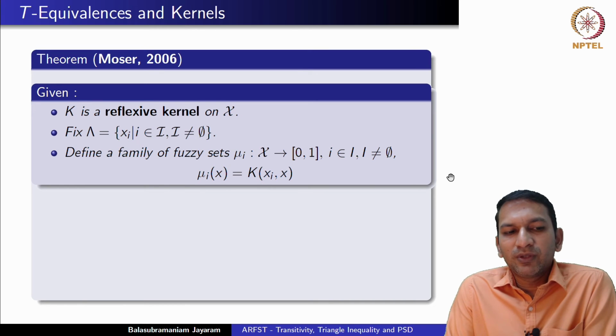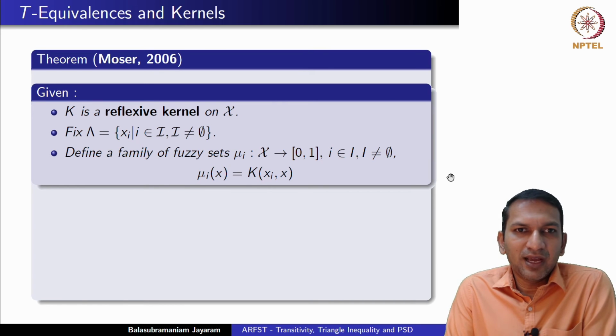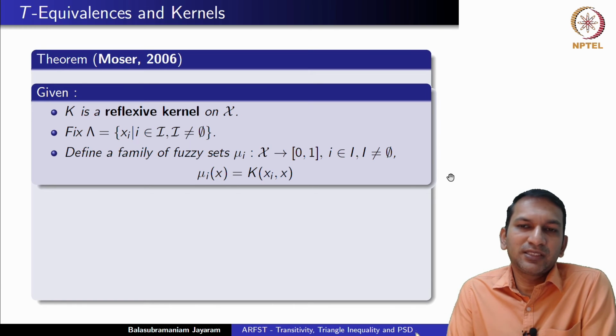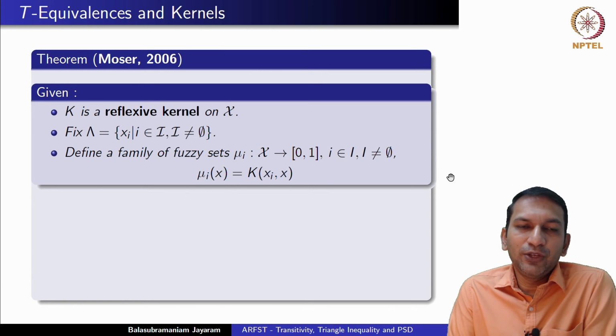So now if you are thinking of k as a compatibility relation because it's a reflexive kernel, so it is also symmetric, if you're thinking of it as some kind of a fuzzy compatibility relation, all you are doing is fixing an xi and looking at what happens with respect to that xi when you use k.